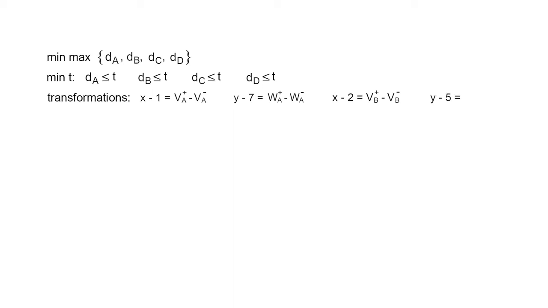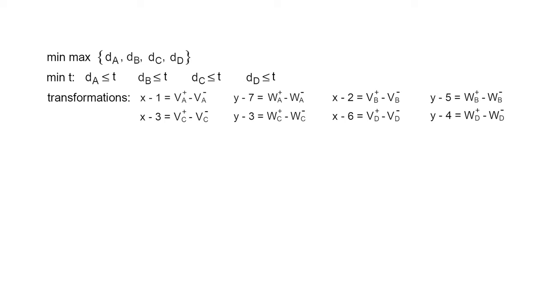Y minus 5 is equal to WB plus minus WB minus. X minus 3 is equal to VC plus minus VC minus. Y minus 3 is equal to WC plus minus WC minus. X minus 6 is equal to VD plus minus VD minus, and Y minus 4 is equal to WD plus minus WD minus. However, we're not yet done.